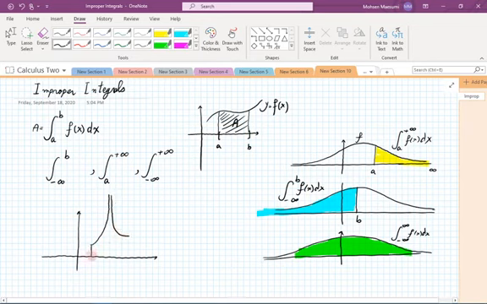And then you want to go still from A to B, and somewhere here you have that so-called asymptote. The function has gone to infinity, and then you still want to figure out what this area is going to be.